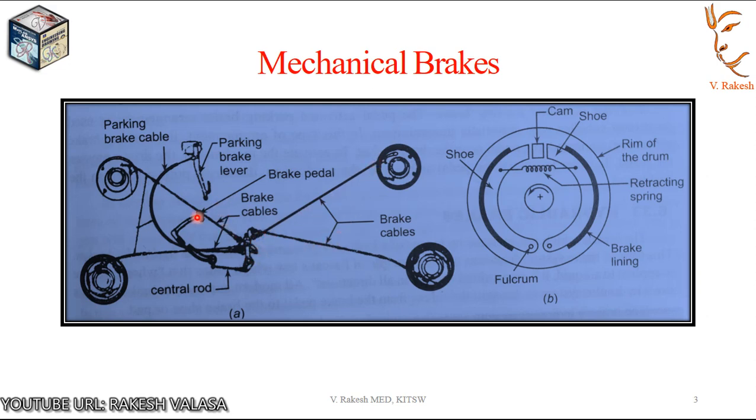When the brake pedal is pressed down, it pulls the center rod to the left. This causes all the levers to move, thereby pulling the respective brake cables, that means brake rods.